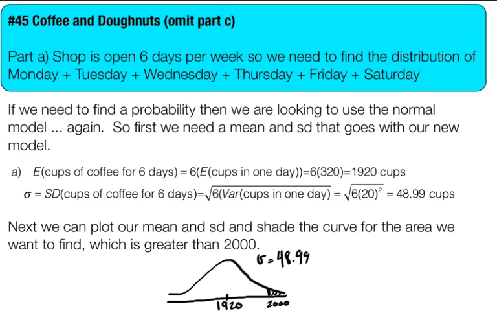And so if you look at it, you can find your normal CDF. We come over here, we can write that out. Your normal CDF would be starting at 2,000. You're going to go up to 1E99, just a really big number. The mean of 1,920 with a standard deviation of 48.99.